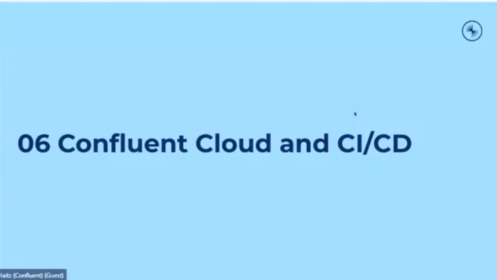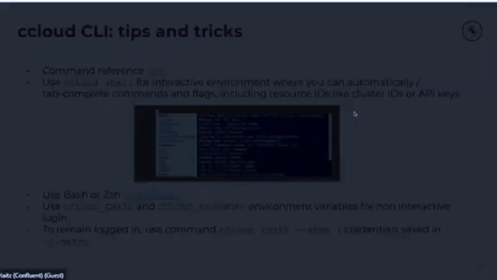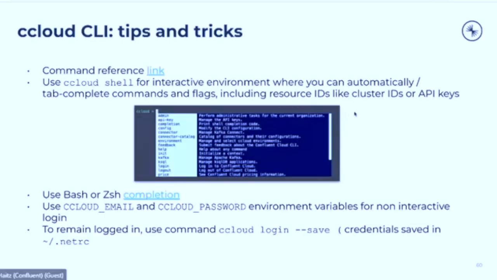That brings us to Confluent Cloud and CI/CD. How can I automate my pipelines when working with Confluent Cloud? The central tool for the automation is the ccloud CLI tool. We have a link here on the slide.